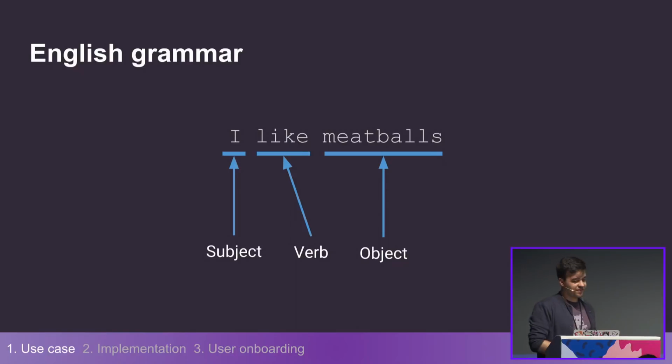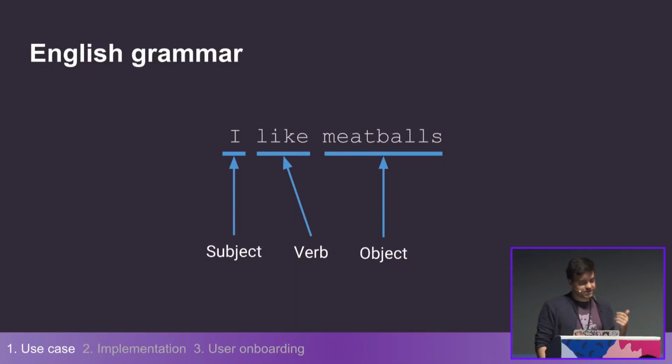So that's my simplified English grammar. Obviously, we're not going to get into all the rules of English now. But if I were to define a grammar for English, my first rule would be a sentence is a set of words separated by spaces. If I use that rule, I'm going to be able to say, well, I have 3 words in this sentence: I, like, and meatballs.